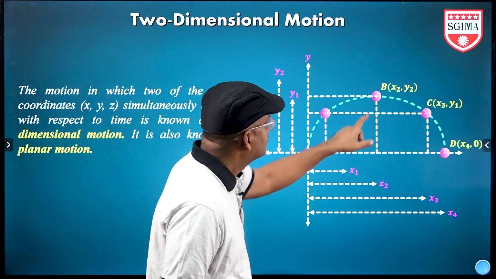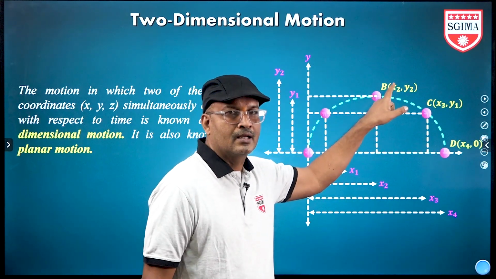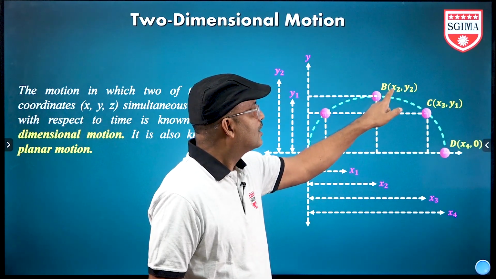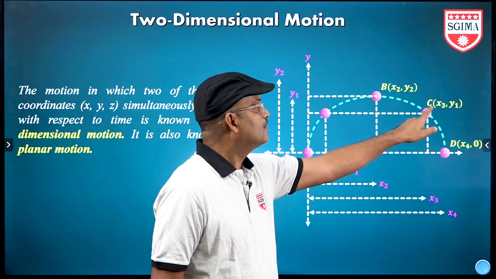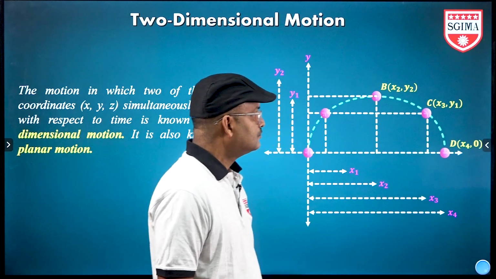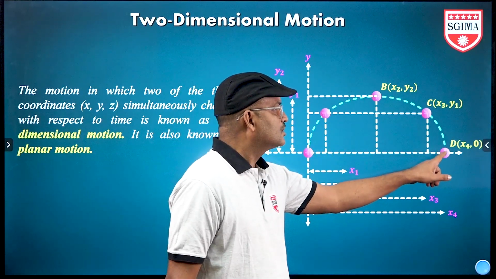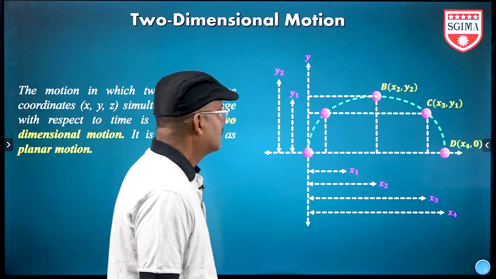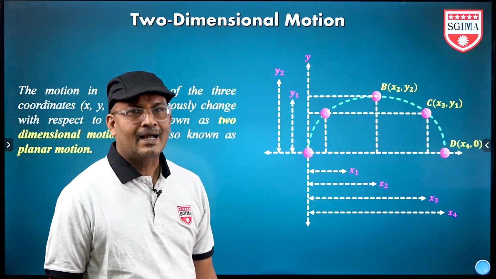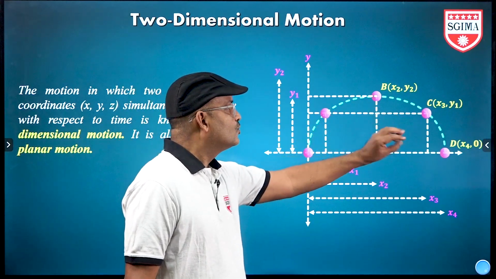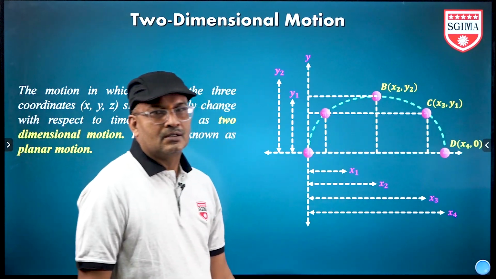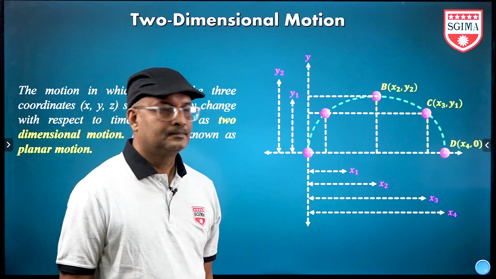For this point, suppose it comes to point B, here x2, y2, for a particular time. For another time, x3, y3. In this way, when it comes to this point, x4, 0. So the coordinates are changing with time. When two coordinates change with time, that motion is called two-dimensional motion.